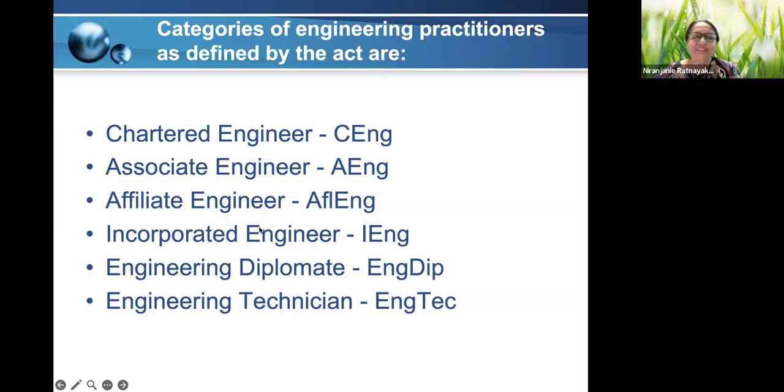Affiliate engineers, those who have affiliate membership, are registered affiliate engineers. Incorporated engineers, those who are members of the Institute of Incorporated Engineers. Then engineering diplomates, those with engineering diplomas like NDT, NDES, there are several other diplomas, and engineering technicians.